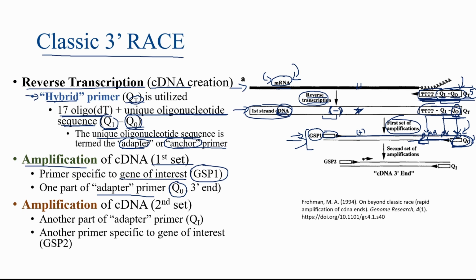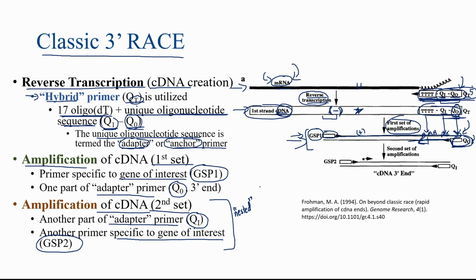In the second set of amplification of the cDNA, you will use another part of the adapter primer, which is the Q internal, and you will also use another primer that is specific to the gene of interest, which is the GSP2. Importantly here, what you should recognize is that the idea of the second set of amplification is that we use what's called nested primers.